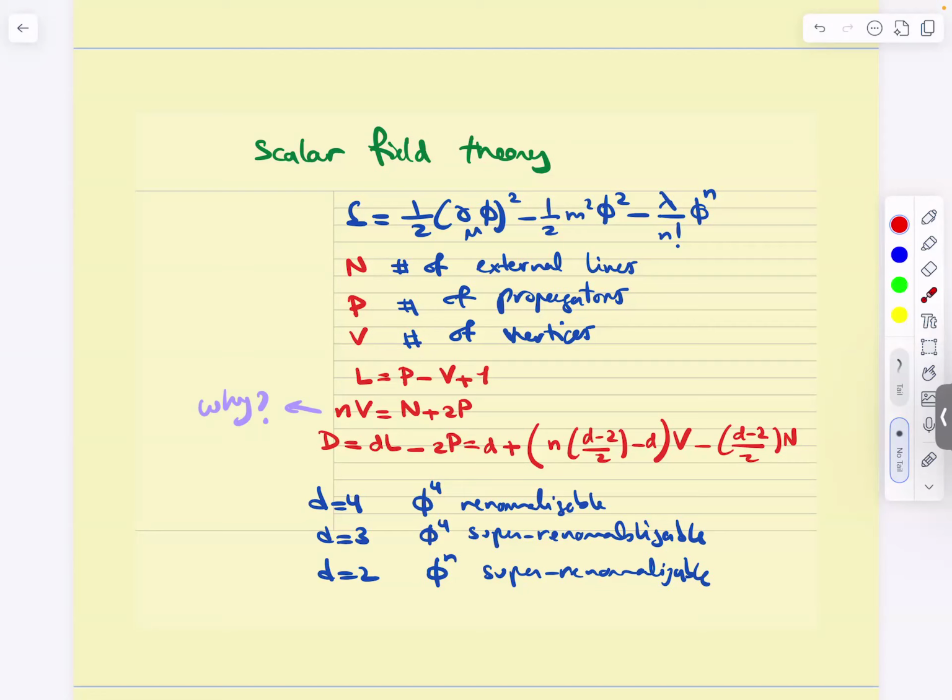QED in 3+1 dimensions is renormalizable, and so is lambda phi 4 in 4 dimensions. So that's the underlying reason. Not every textbook follows that. I believe Srednicki does 6 dimensions, if I remember correctly. No, what do they do? Well, they take another example.